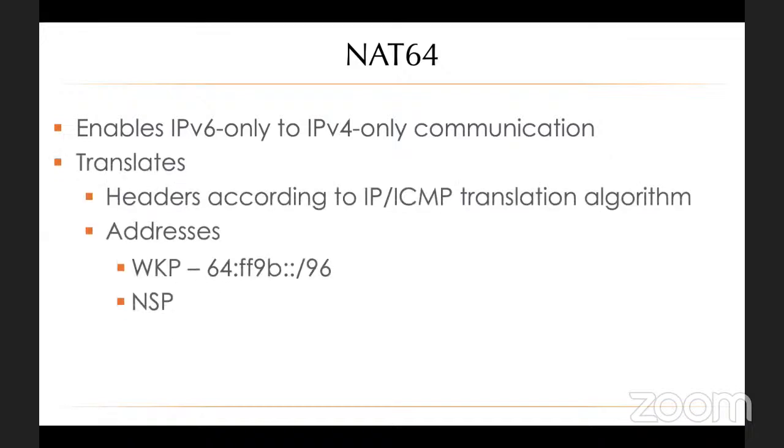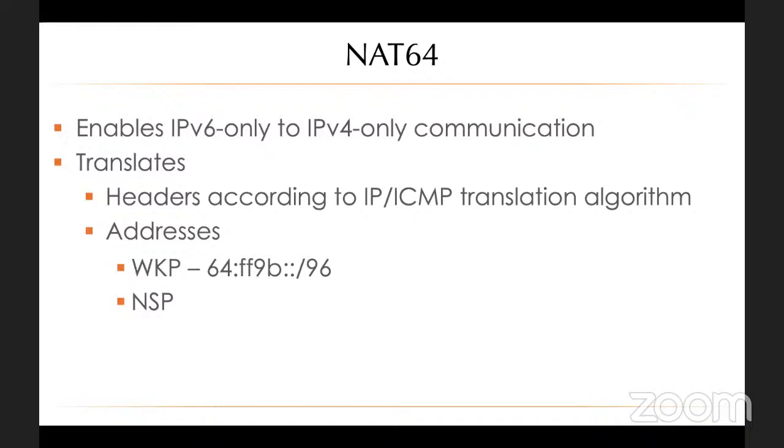And then NAT64 translates headers. So remember, you're translating the IPv4 header to the IPv6 header, and then also translates the addresses. And to translate the addresses, we have two options. You can use the well-known prefix, the /96, or you can use your own prefix. And this is what, remember in MapT, right?